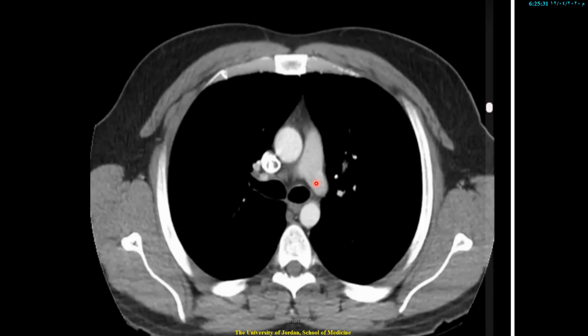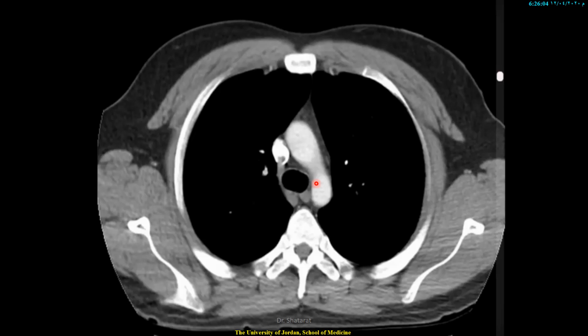As we go up, we're going towards the superior mediastinum. We would say goodbye to two structures, the pulmonary trunk and the ascending and descending aorta, and we would see instead the arch of the aorta, and we will not see the pulmonary trunk or its branches. We will see now the arch of the aorta as we go towards the superior mediastinum.